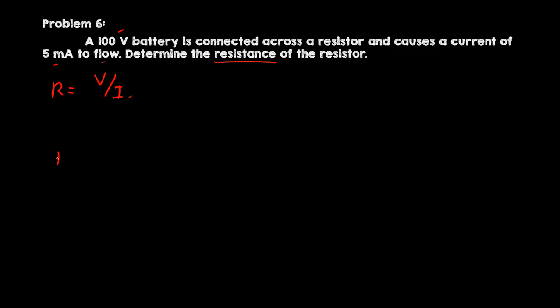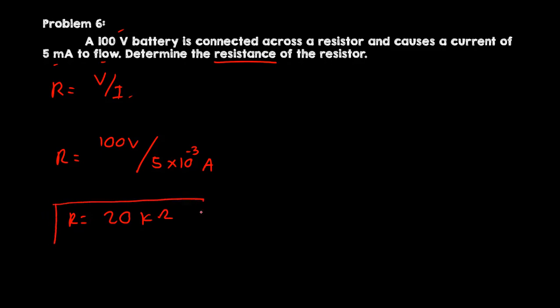So R is equal to 100 volts over 5 times 10 raised to negative 3, since again, times 10 raised to negative 3 is milli, and our I should be in amperes. So R is equal to 100 volts divided by 5 times 10 raised to negative 3. And the answer should be 20 kilo ohms. This one is for our problem number 6.